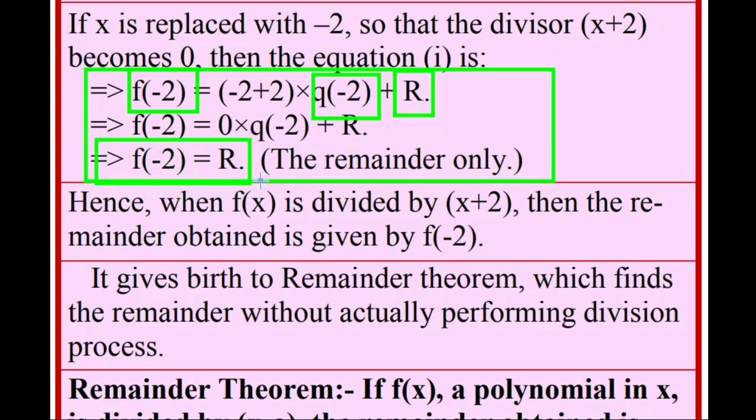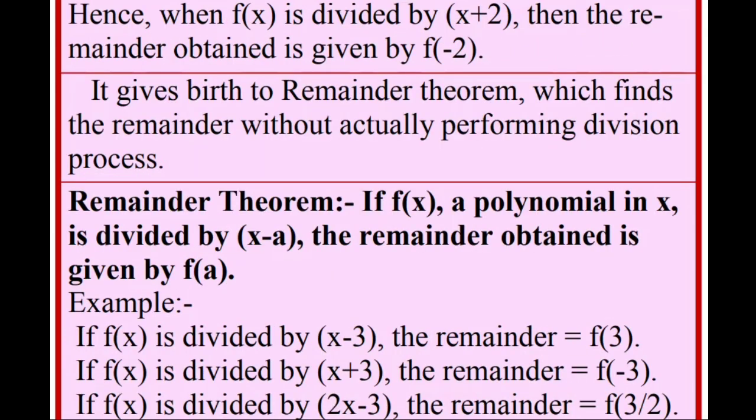So it shows that when f(x) is divided by x plus 2, then the remainder obtained is given by the value f(-2). And this statement gives birth to remainder theorem.